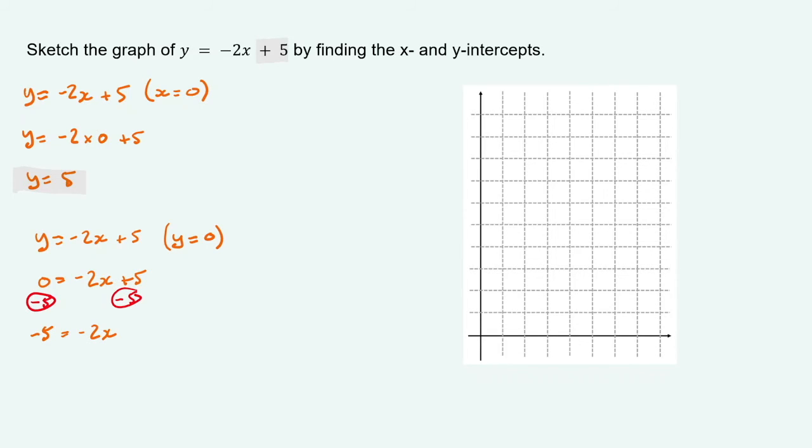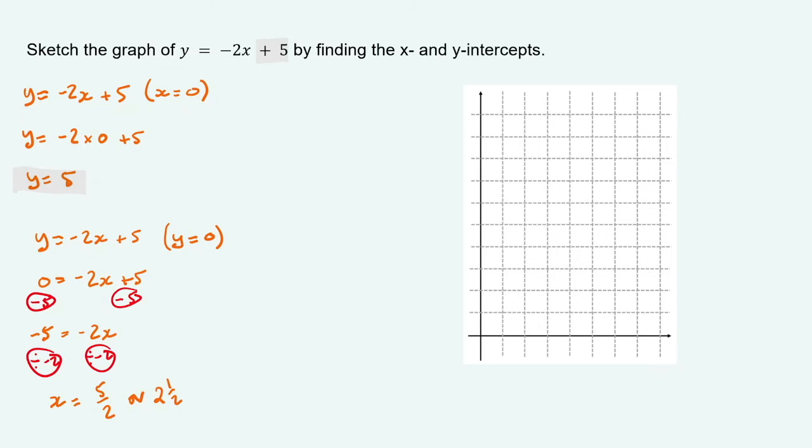Now I divide both sides by minus 2. Giving me x equals 5 over 2. Or if you don't want to leave it in improper fraction and you want to change it to a mixed numeral, that's just going to be 2 and a half. Or even 2.5 if you really want to get technical with it.